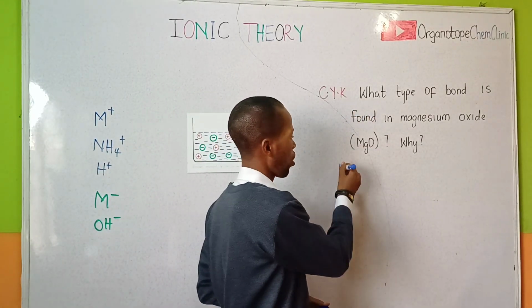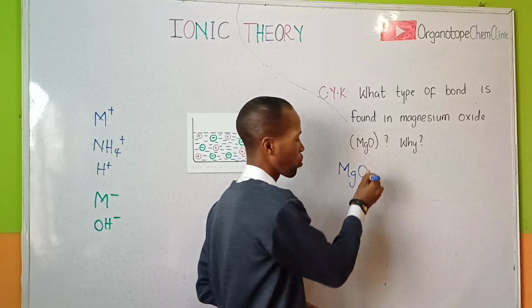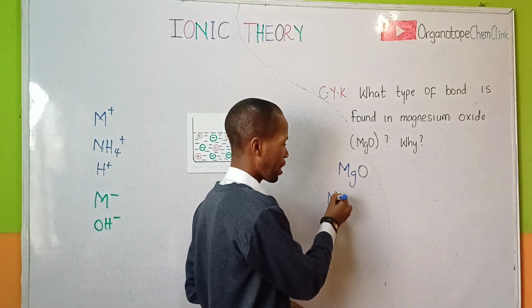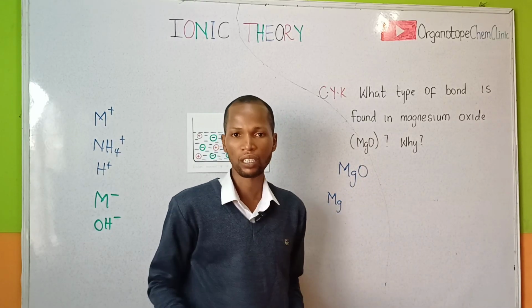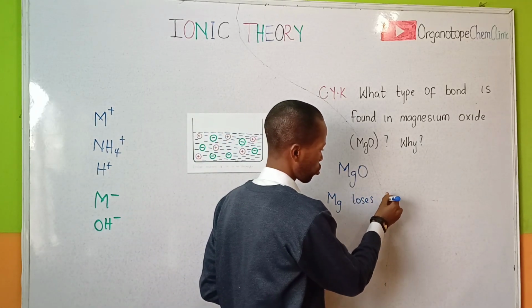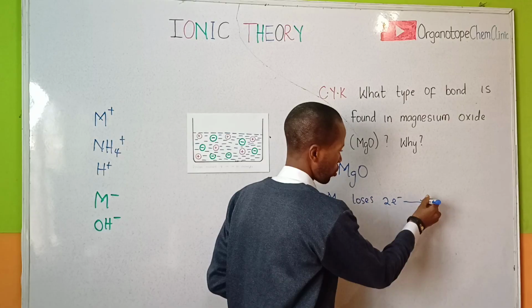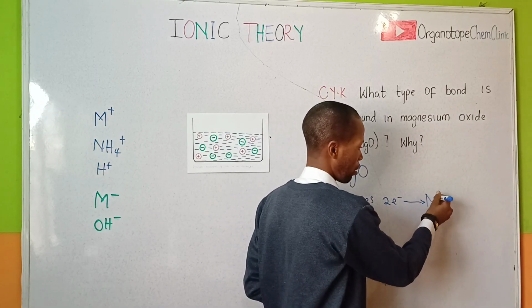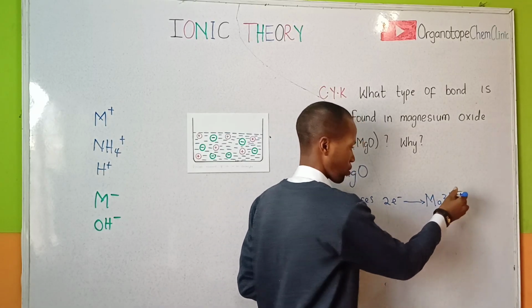The magnesium oxide is written as MgO. So the metallic atom right here is the magnesium, which loses 2 electrons to form Mg2+.